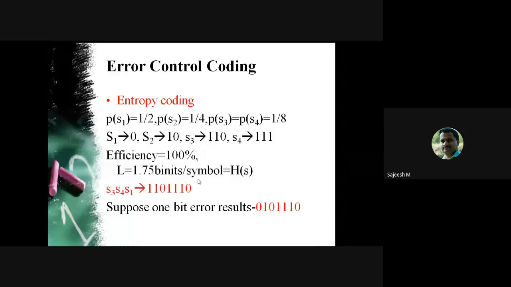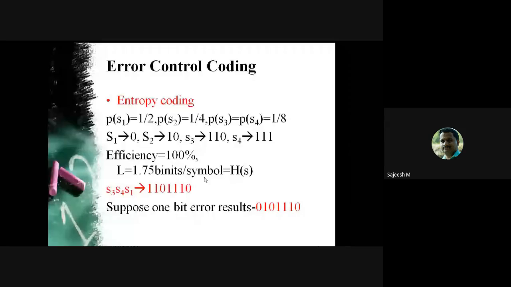S3 has the code 110, S4 has the code 111, and then S1, the next symbol transmitted, is 0. Therefore the binary sequence will be 1101110.